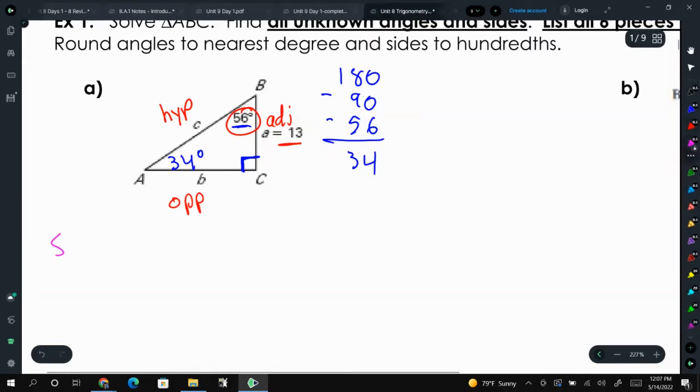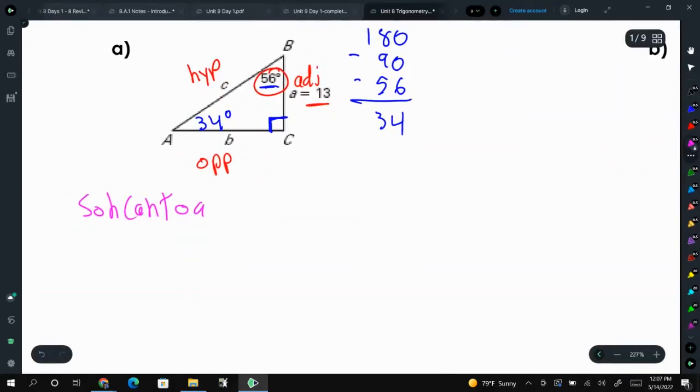So we're going to write out SOH CAH TOA. And let's find the opposite side first. I have the adjacent, so I'm going to underline the A's. I'm trying to figure out the opposite, so I'm going to underline the O's. So that's going to be tangent.